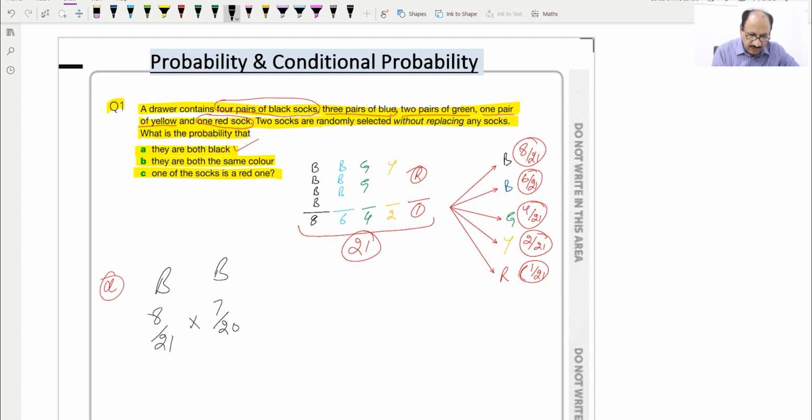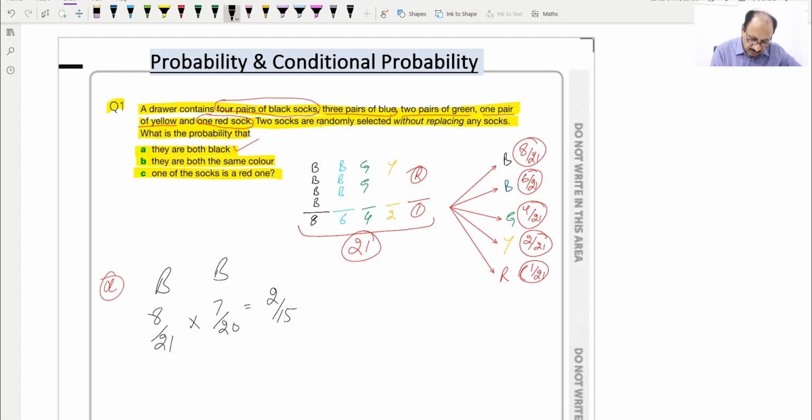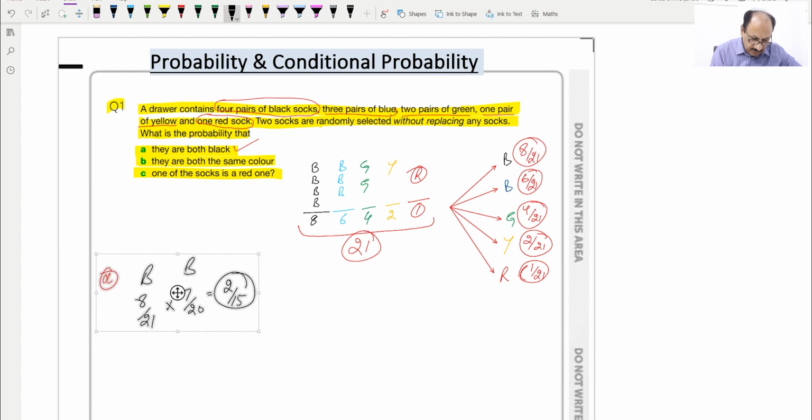We will multiply these two and we will get the answer. So 8 over 21 multiplied by 7 divided by 20 is equal to 2 over 15. So 2 by 15 will be the probability of getting both black, and this is the A part which we have solved.